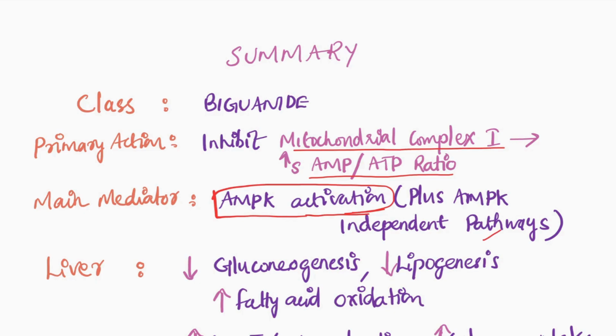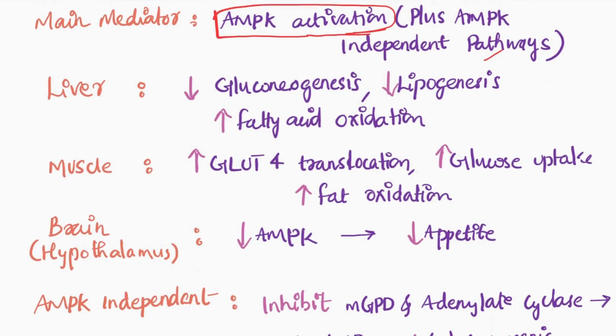In the liver, it lowers the glucose synthesis and lipid synthesis, and it increases the fatty acid oxidation. In the muscle, it increases the GLUT4 translocation, it increases the glucose uptake and increases fatty acid oxidation. In the brain, particularly in the hypothalamus, it inhibits AMPK, which lowers the food intake and reduces the appetite.